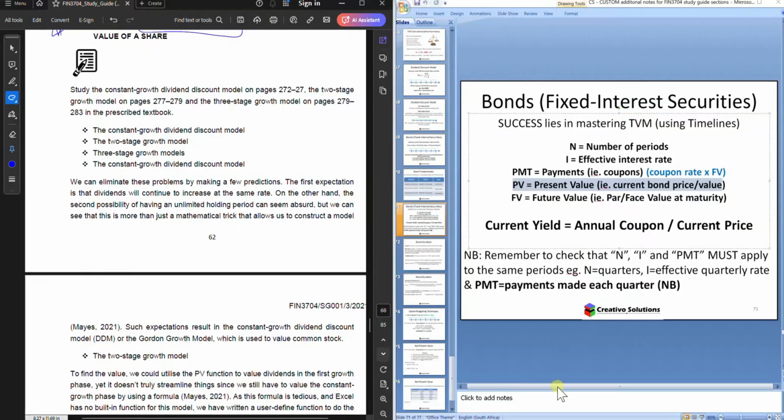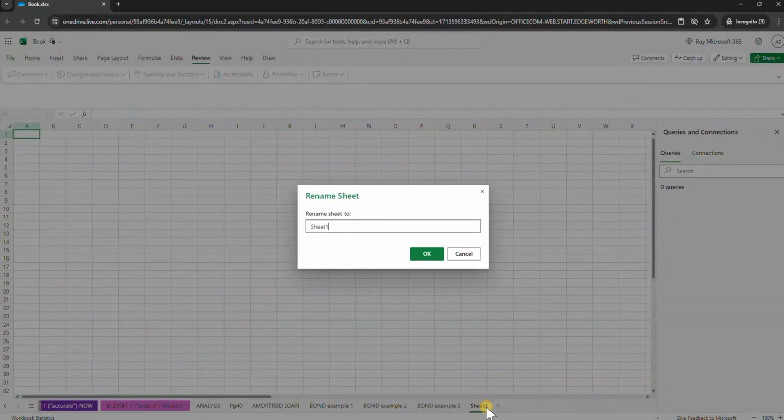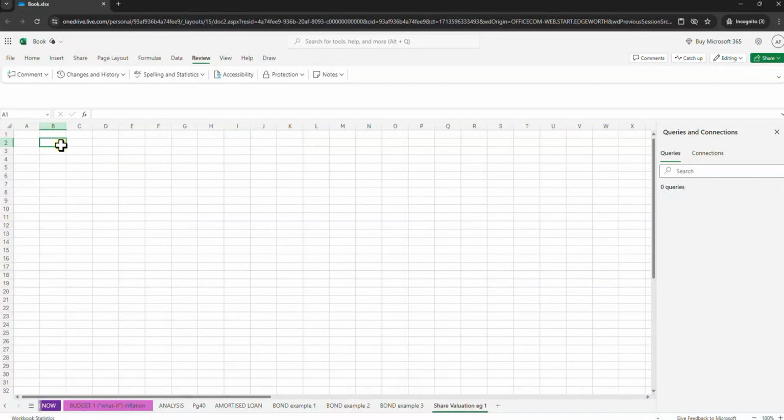All right, so let me just create a note about this. Okay, so bond 1, 2, let's call another sheet here. This is share valuation. Okay, page 272.